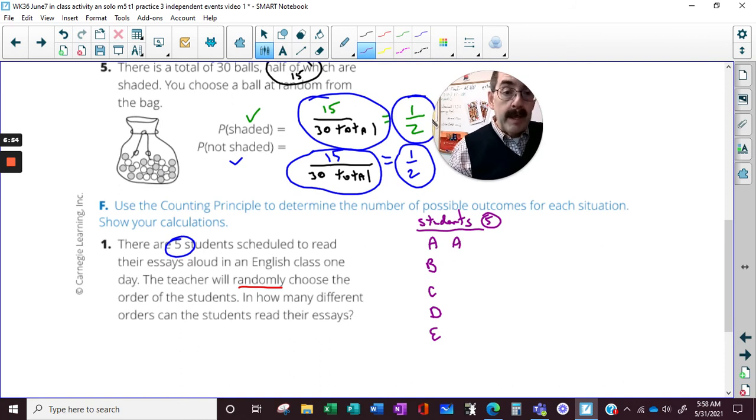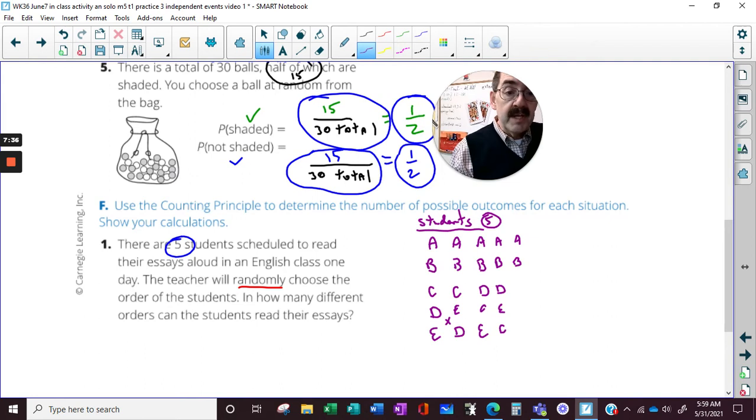Wow. A, B, C, E, D. Now we go A, B. We flop these 2. Now we've got to put that up there. D, C, E. A, B, D, E, C. We got to keep doing that and doing it and doing it? Are you kidding?